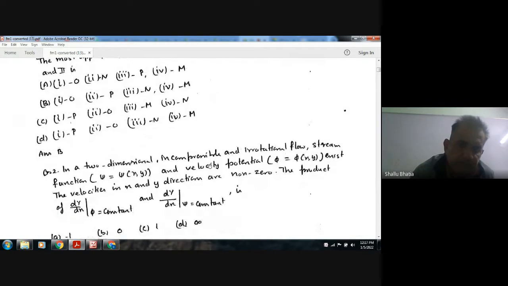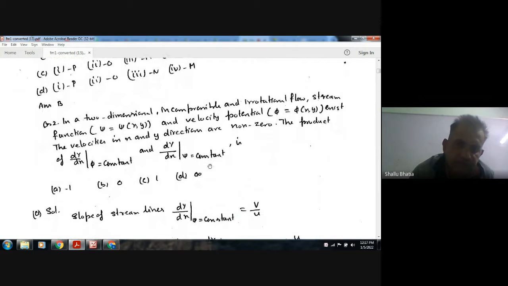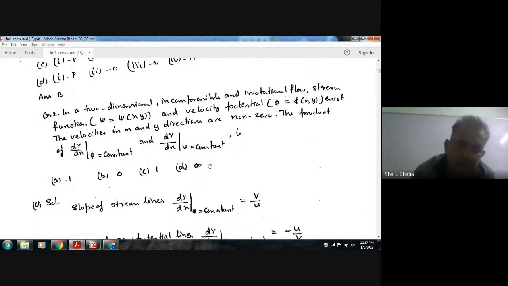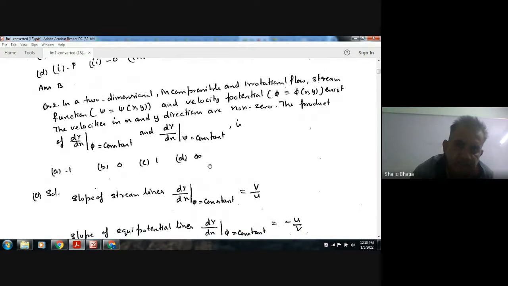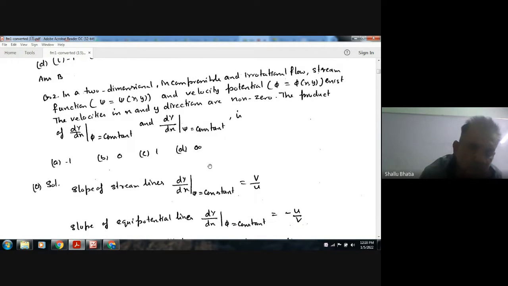Next, in a two-dimensional, incompressible, irrotational flow, the stream function psi is a function of x and y, and the velocity potential phi is a function of x and y. Velocities in x and y direction are non-zero. The product of the slope of the constant psi line and the slope of the constant phi line is?